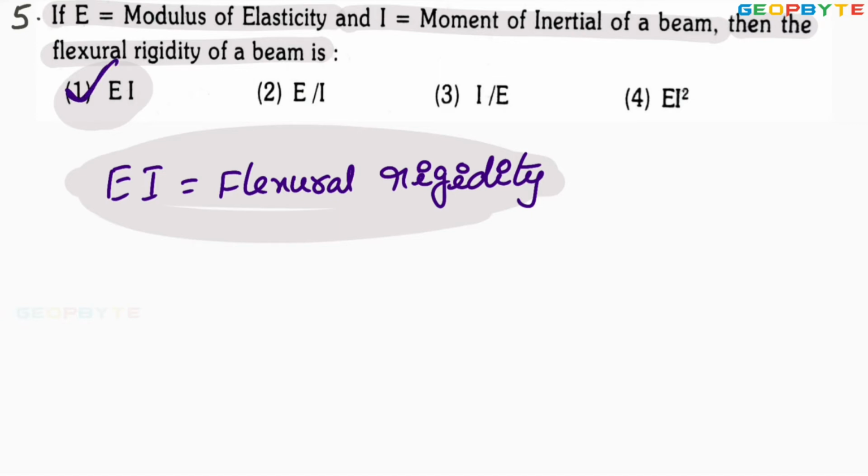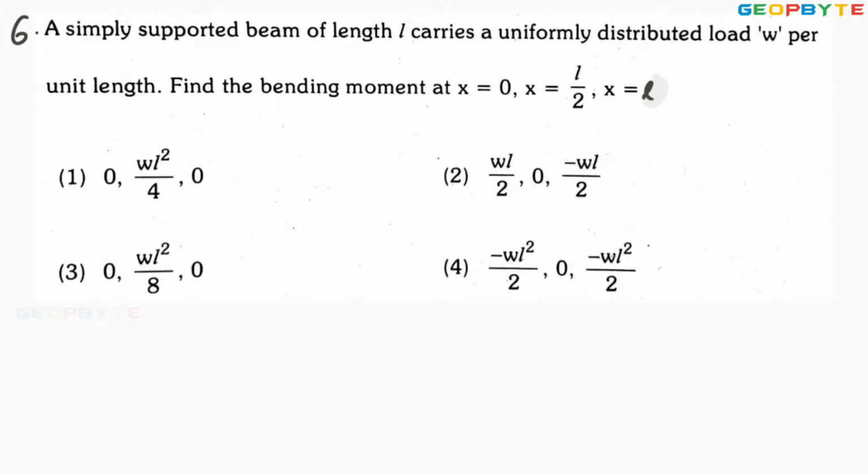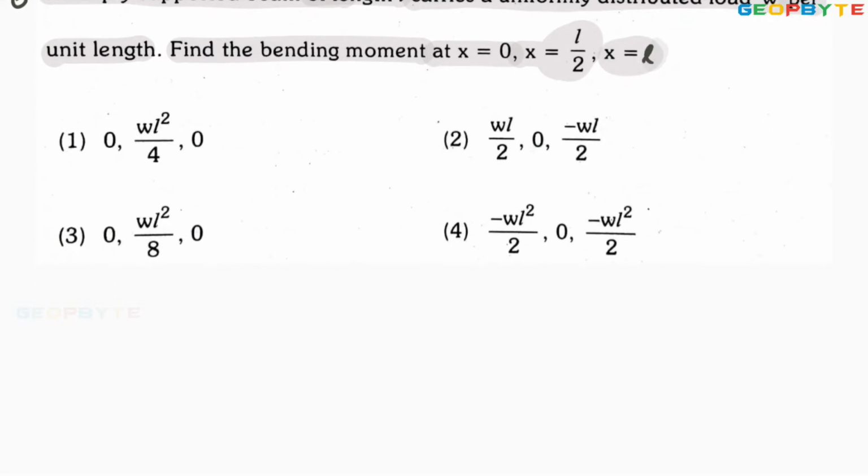Let us take one more problem. Look at the next problem. A simply supported beam of length L carries a uniformly distributed load W per unit length. Find the bending moment at x equal to 0, x equal to L by 2 and x equal to L. It is like this.